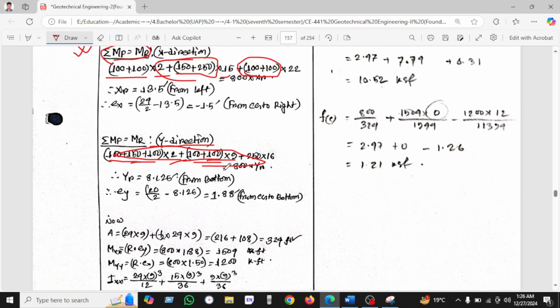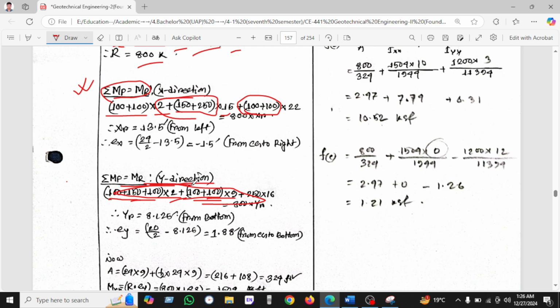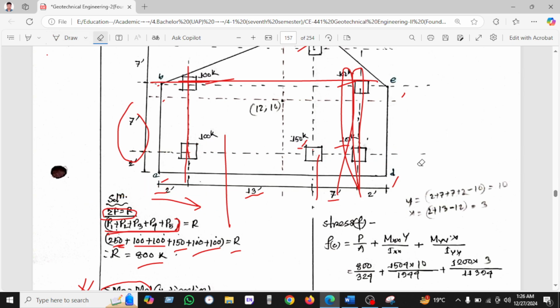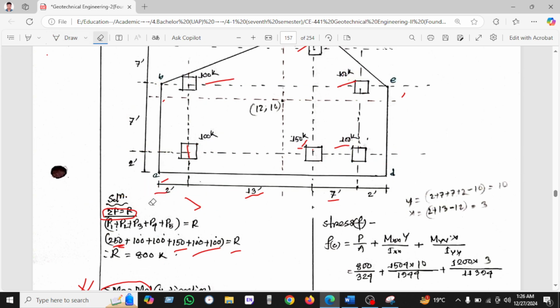So this load and distance is x. In this way we will calculate the y direction. I have said earlier, but I am saying again, 100 plus 50 plus 2 into 2. This is the first row of the load we found here.